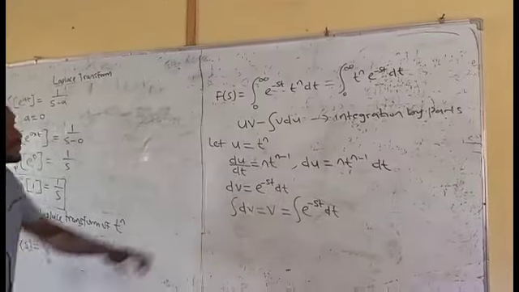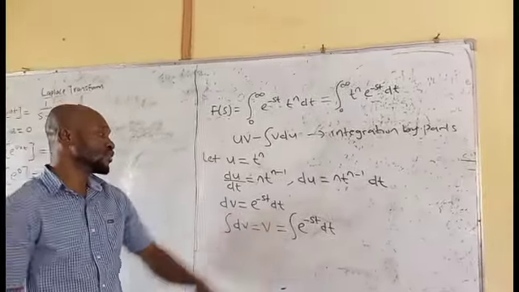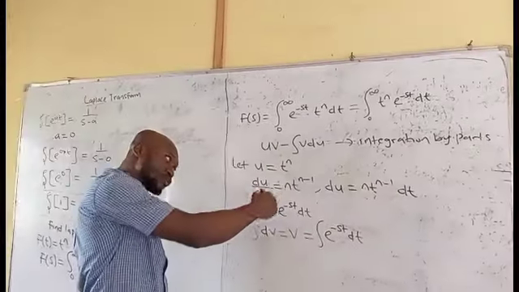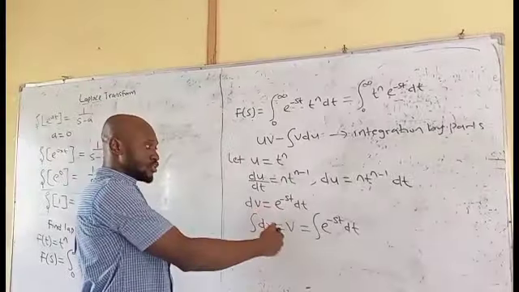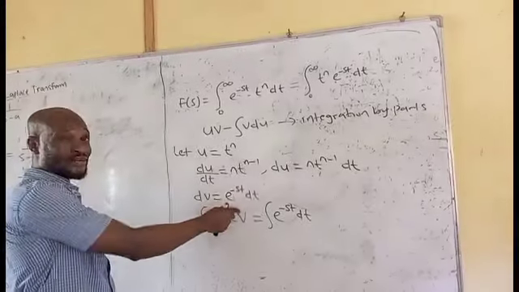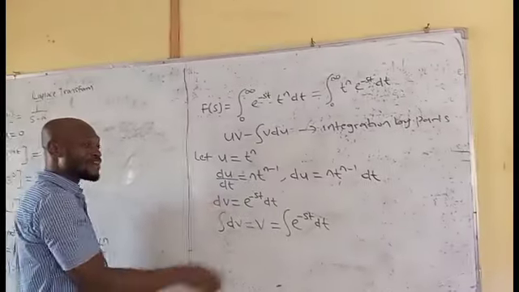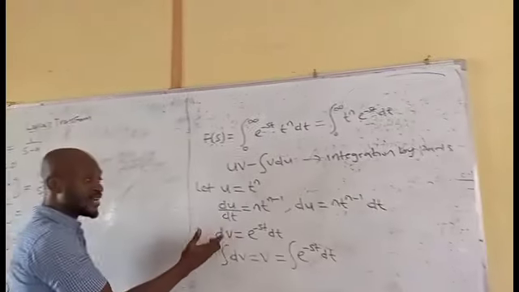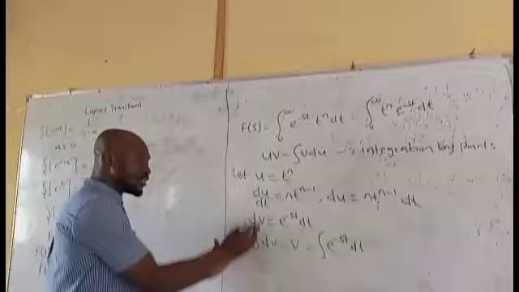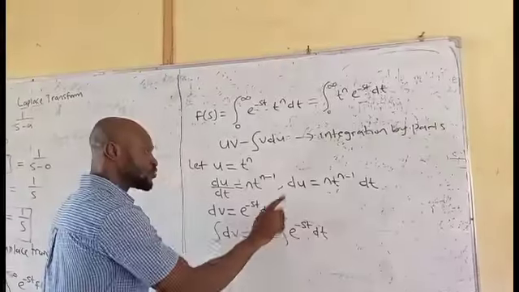You should know that the integration of dv will give you v, and since you are integrating this, it will also integrate this one too. You also need to integrate this exponential raised to the power of minus st times dt. That is why the integration sign now will affect both sides, both this and this. So knowing that the integral of dv will give you v, you're going to have v is equal to this.